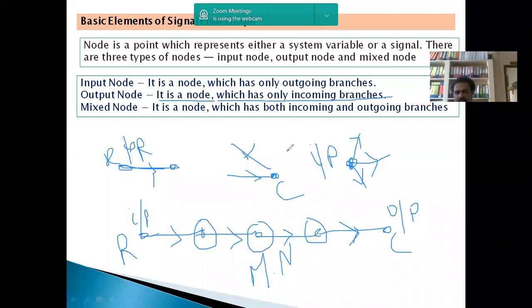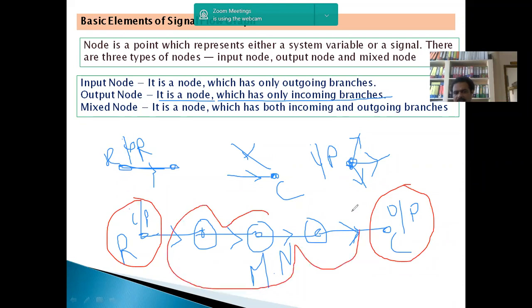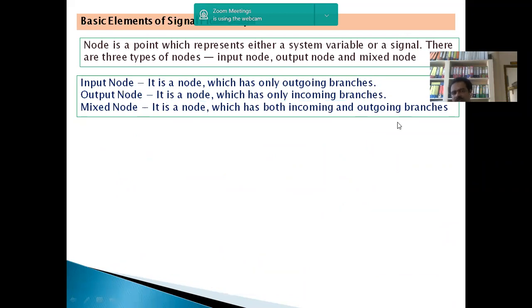Whereas the first one is the input node, the last one is the output node, and these intermediate ones are called mixed nodes. Just remember this terminology. No need to mug up. Just remember all these terminologies.